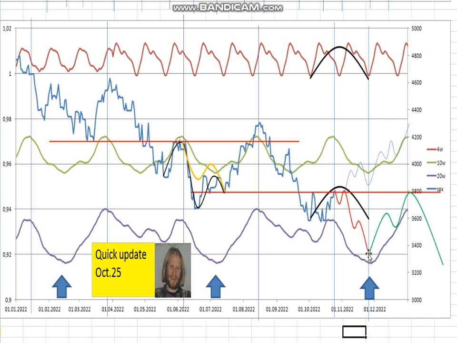From there on we should have a Christmas rally, but it should probably find resistance at this level, and then we have the capitulation phase in January to March or April.